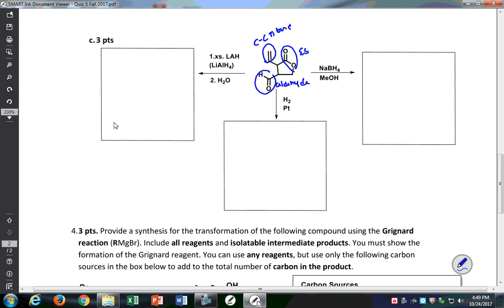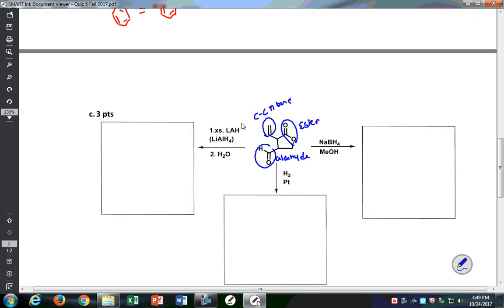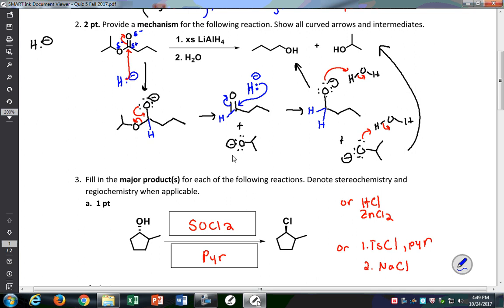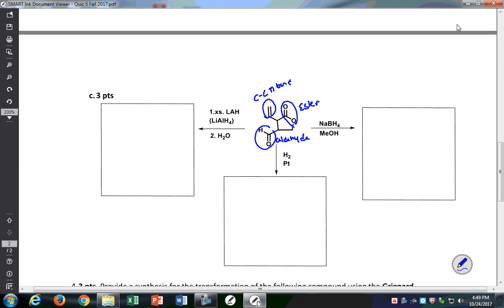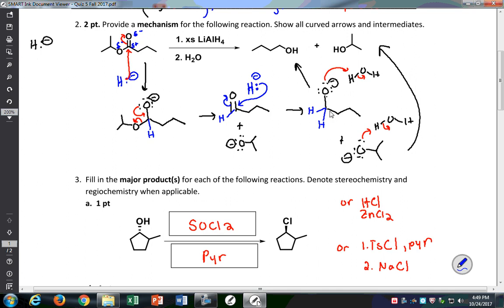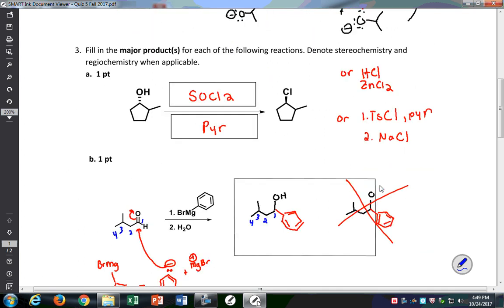And we just did that mechanism. I gave you the answer of how lithium aluminum hydride reacts with an ester up here. It's right here. Same reaction, except that instead of forming two alcohols, the alcohols are tethered together. But it's the same reaction.